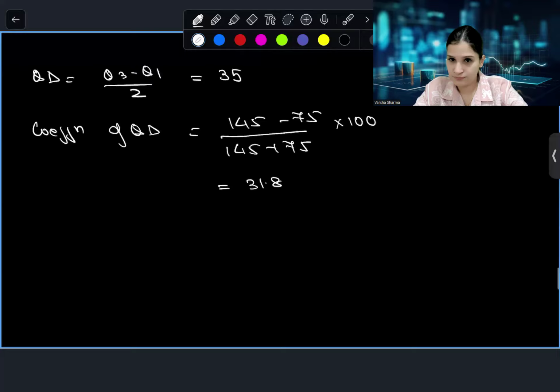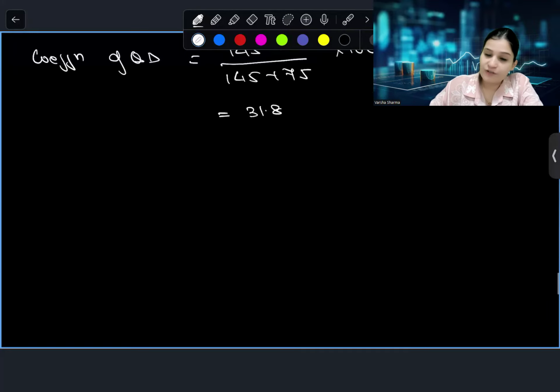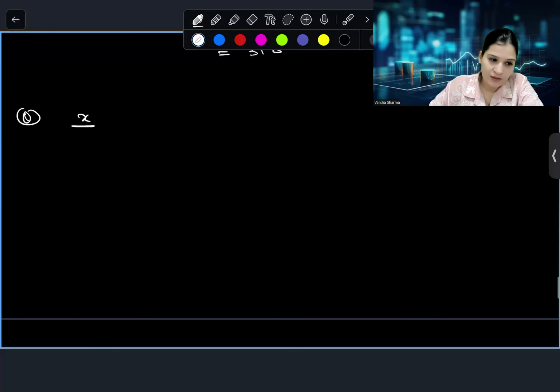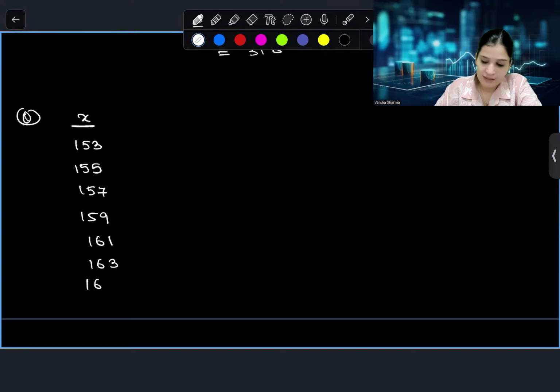Now, if the data is in discrete format, what was discrete? I have x and frequency both. So x: 150. Again, it has to be arranged. Make sure. 153, 155, 157, 159, 161, 163, 165, 167, 169.